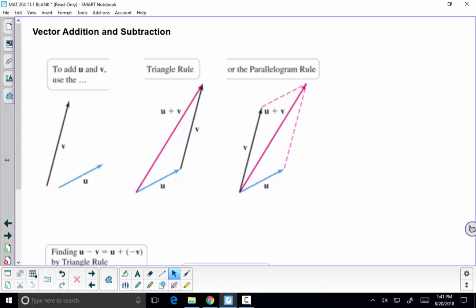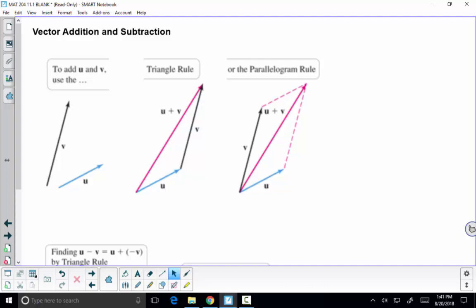You can put your two vectors that you're going to add like that. You're still putting them with their initial points together, but you're going to form a parallelogram instead of using the triangle rule. Here we're adding u plus v. So here's v, the direction you're heading in the plane, and then the wind is blowing on you.